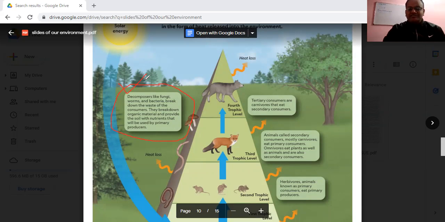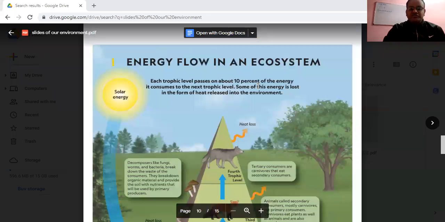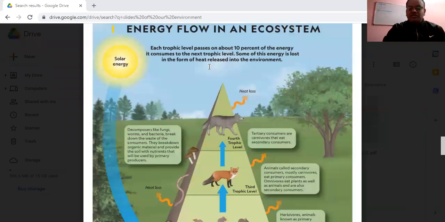So definitely you can see this mechanism is called the energy flow in an ecosystem. So what is energy flow? It is a process in which the organism at one trophic level incorporates the energy of the previous trophic level.